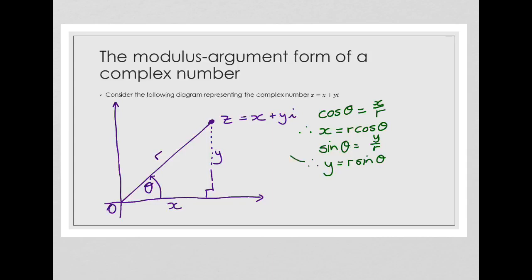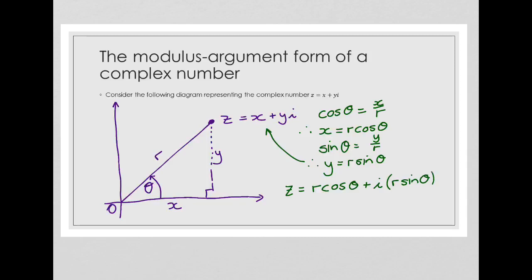So let's plug this into the z that we already have. Then we get that z is equal to, so x now becomes r cos theta, we have the i, I'm going to put it in front, and then y is r sine theta.